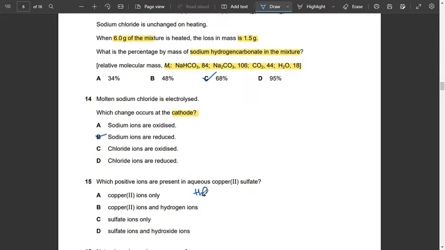Copper 2 sulfate has copper 2 ions, that is a positive ion. And aqueous means water, so here we have H plus and OH minus. So the positive ions over here are the hydrogen ion and the copper 2 ion. So for this, the answer is B.